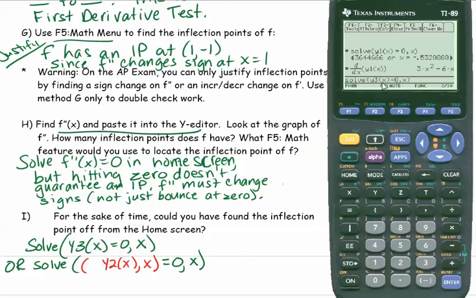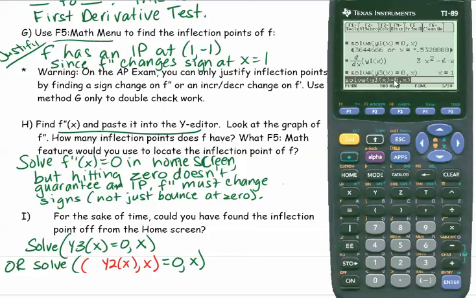Solve this equation for this variable. When we hit enter, it gives us only 1 point. So in fact, that inflection point was the only one. All right, remember that solving for the second derivative equal to 0 is horrible mathematics. Just because it hits 0 is not enough to guarantee that it's an inflection point.